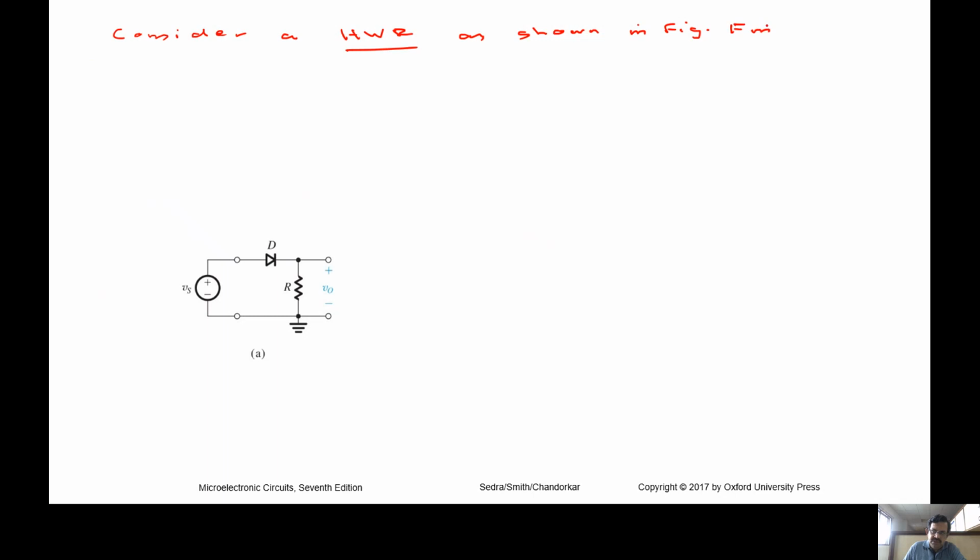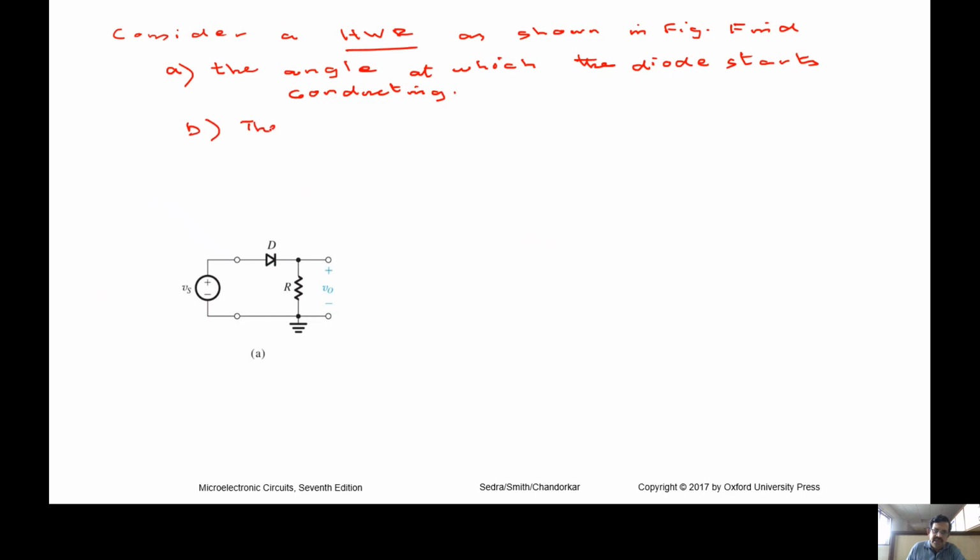Find A, the angle at which the diode starts conducting. B, the total conduction angle.